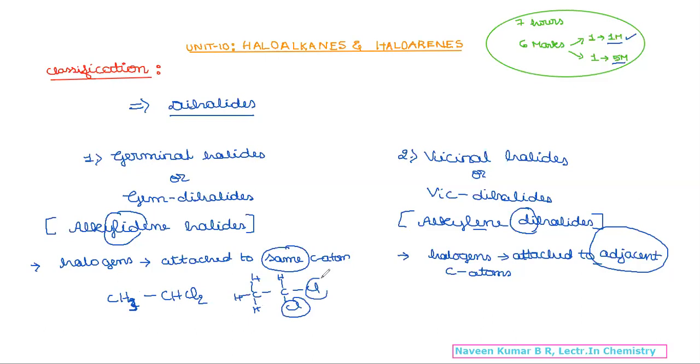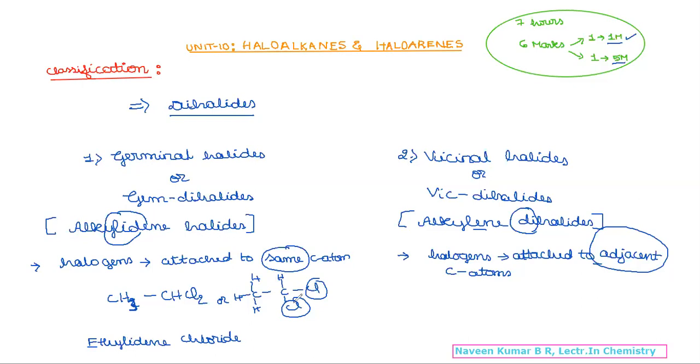The common name for this is ethylidene chloride. This name is similar to the common name alkylidene halide. The alkyl group here has two carbon atoms, an ethyl group, hence ethylidene.